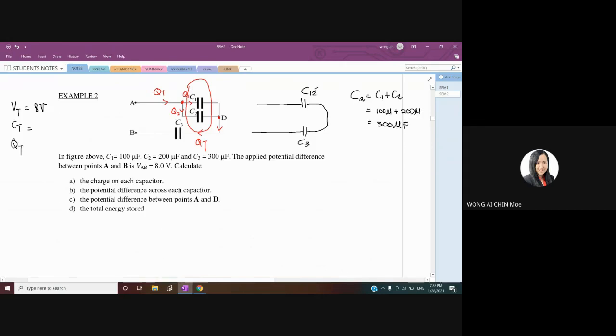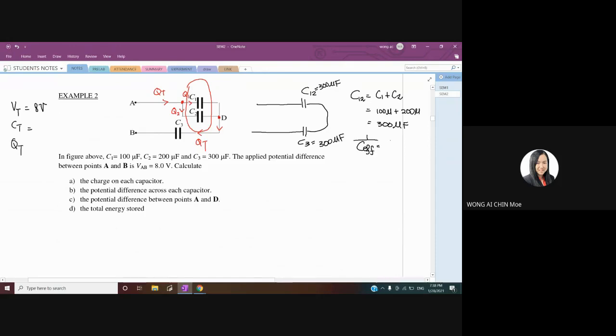So C12 is 300 microfarad after they combine, and C3 is given as 300 microfarad. Then you can find C effective, or C total. It is connected in series, with no junction at all.